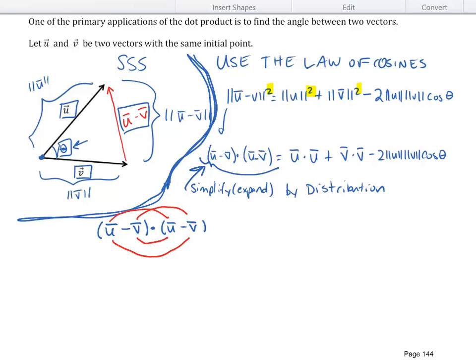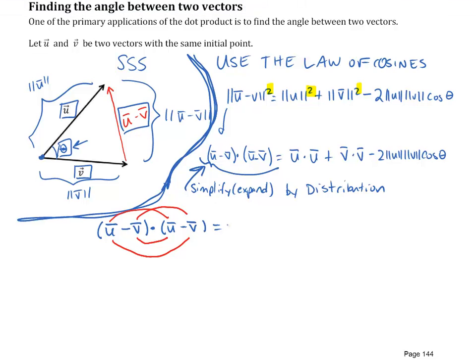This now all looks like the following. You end up with u dot u minus u dot v minus v dot u plus v dot v. That's what this side right here looks like.